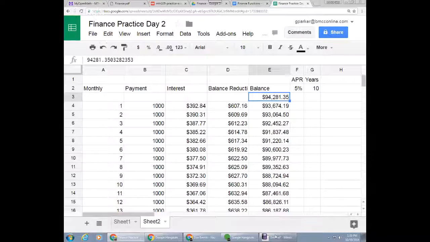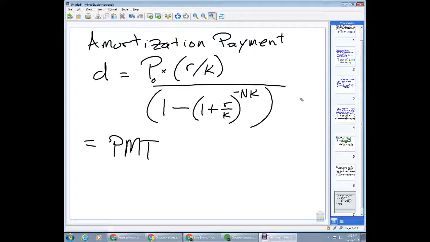Let's see, where's my notes? Here we go. So what the PMT formula wants is your periodic rate. That would be R over K. And then they want the number of periods.